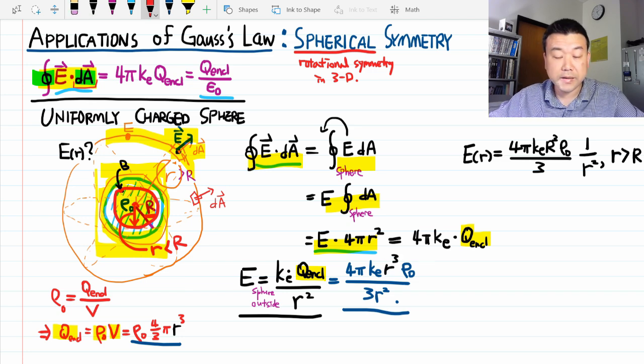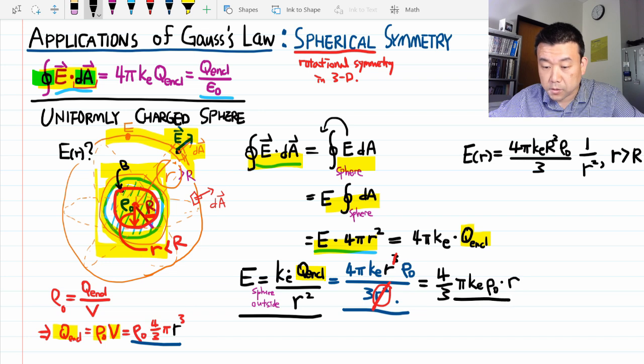And that actually leads to some interesting cancellation. I still have this lowercase r squared from calculating the flux on the left hand side and then moving it over. So this is going to cancel out two of the factors here, leaving us with this result. It's a remarkable result.